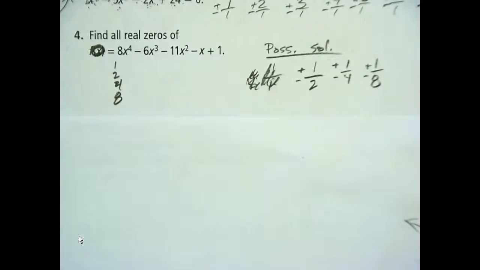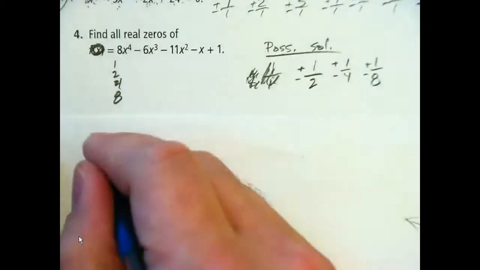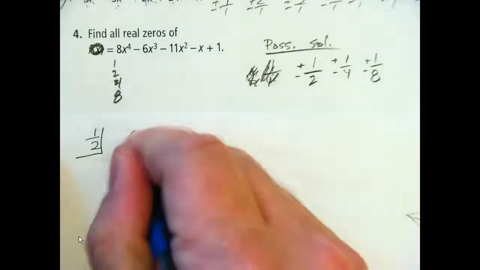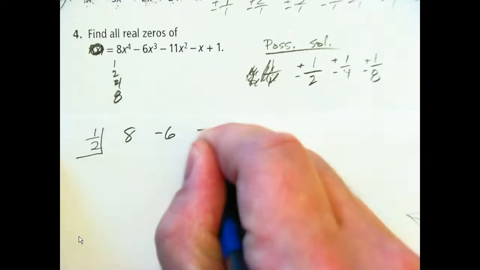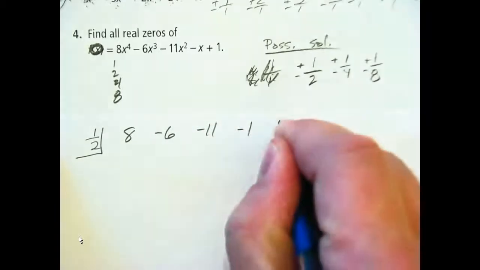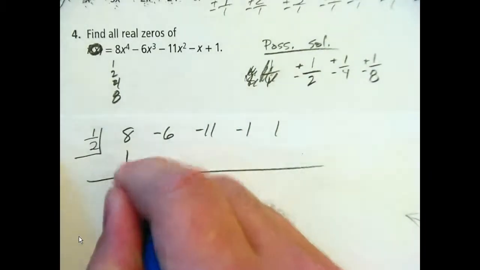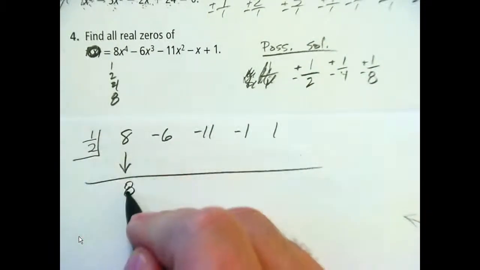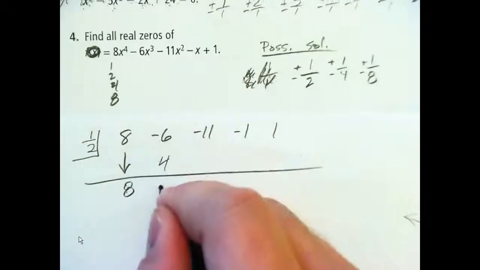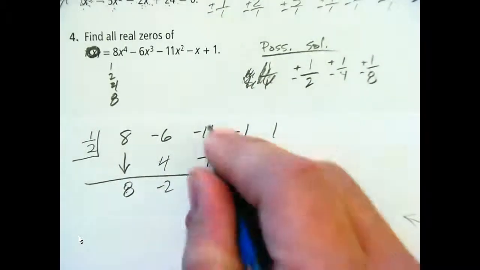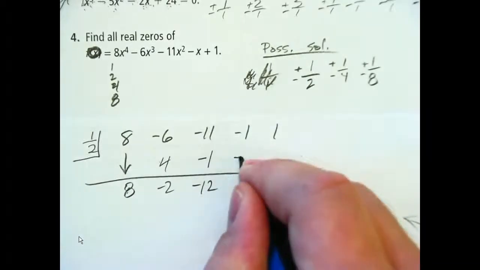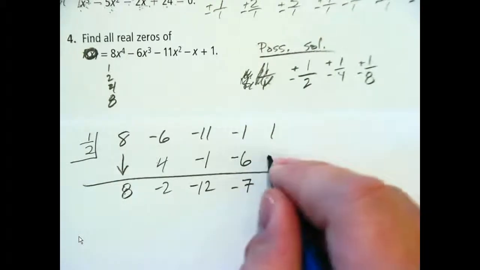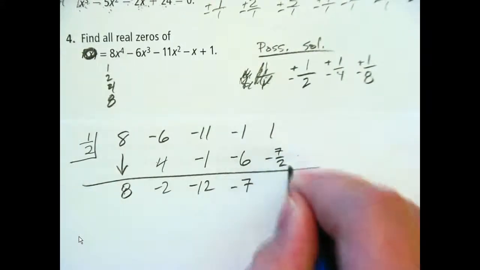So if we try 1/2, we just put it up there just like we do any other number. What do we get? 4 and that's ugly.